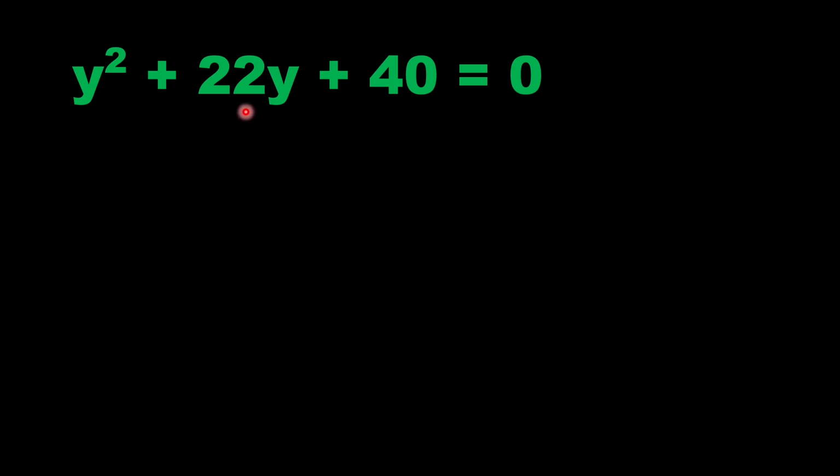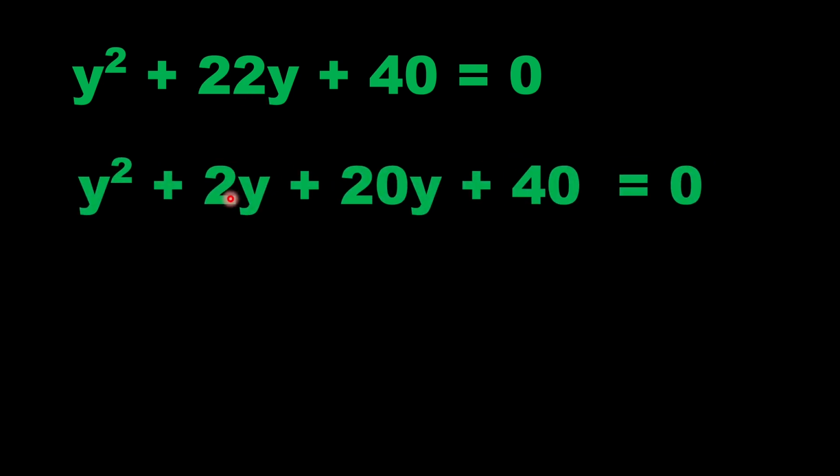If we split this 22y into 2y + 20y, which again equals 22y, and if we multiply these two terms, it will become 40y², and this condition is fulfilled. Now we will take common factors in these two terms, and similarly in the other two terms. Here y is common and here 20 is common.